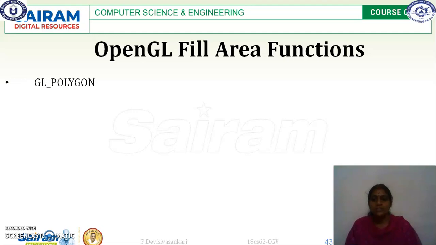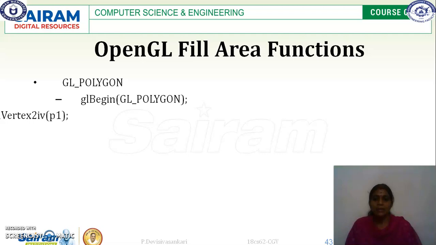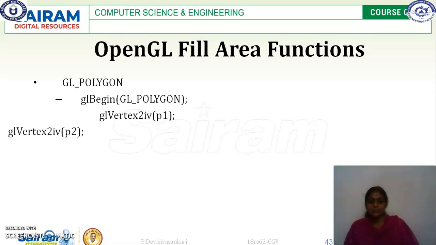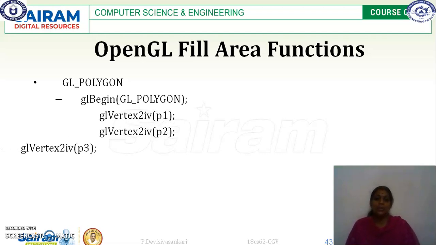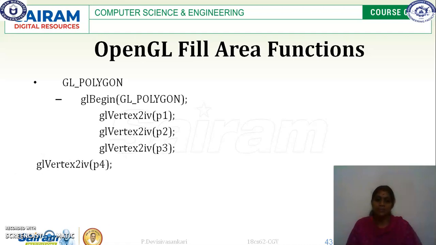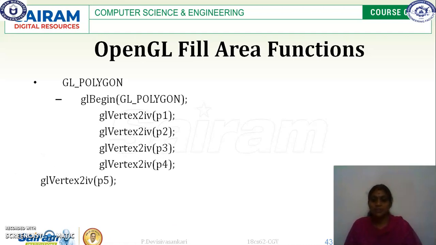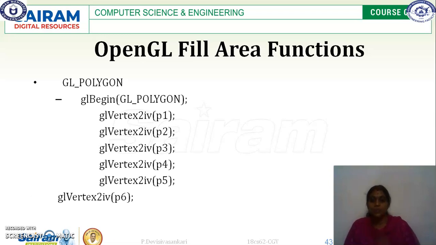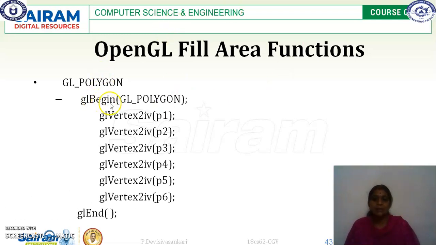The next function is glPolygon. Whenever we have more than three vertices or coordinates, that is considered a polygon. The function used to call the polygon is glPolygon, along with glBegin. We have to begin the particular polygon we want to draw, and here we specify all the different points.